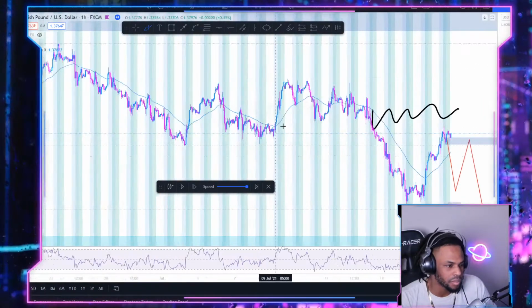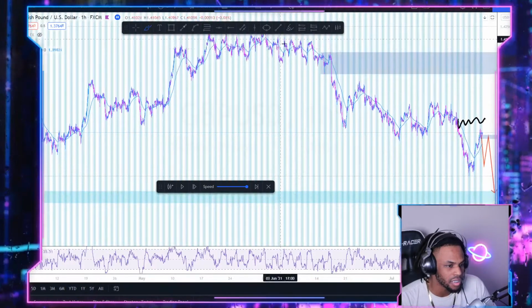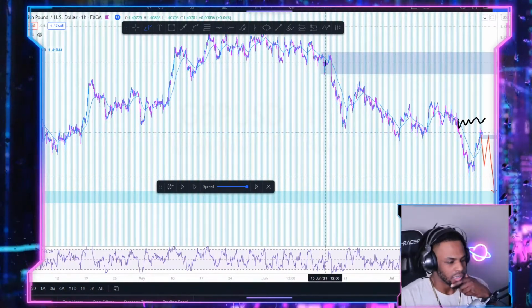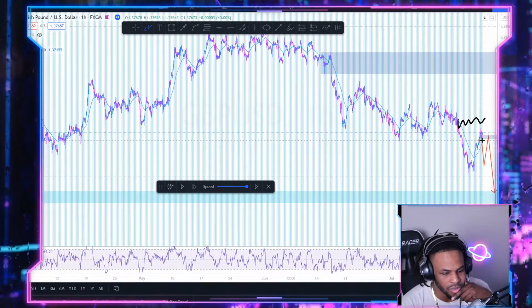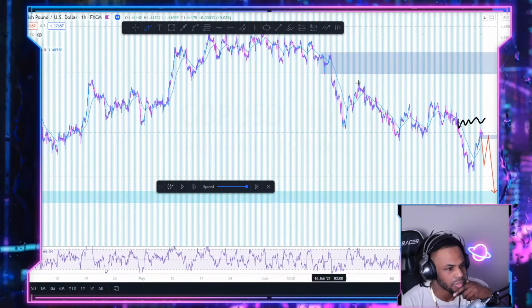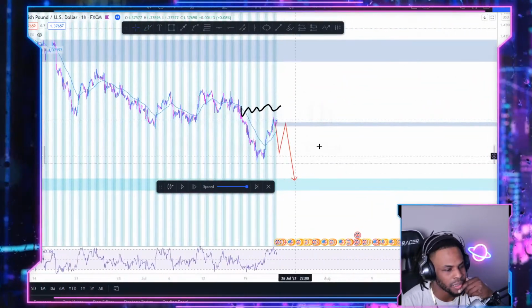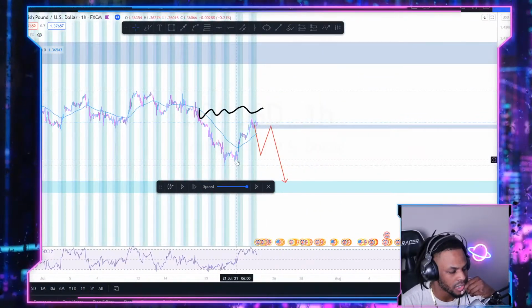Usually with stuff like that, price needs to come back and refill all of that. Based on how price is moving right now, it's been bearish since it broke out of this zone around June 15th, and we're on July 22nd with the back test. So it's been pushing down for a minute, although we've been pushing up since July 21st.